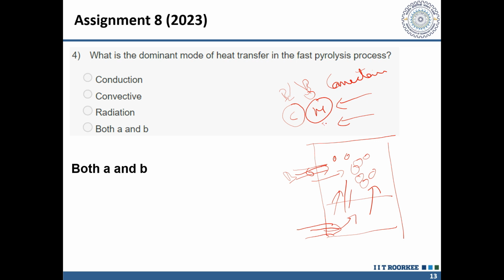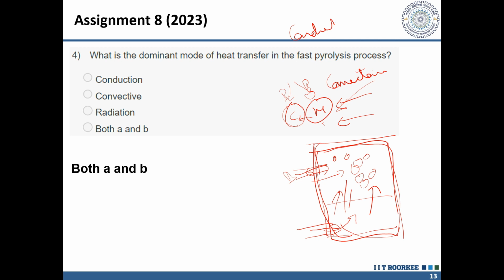One has been heated by convection, and the other is cold, which is a new feed, because this process is a continuous process. So this hot biomass will heat the cold biomass. This is due to conduction, and also through the heated equipment. The equipment is also heated, so conduction will happen from this also.